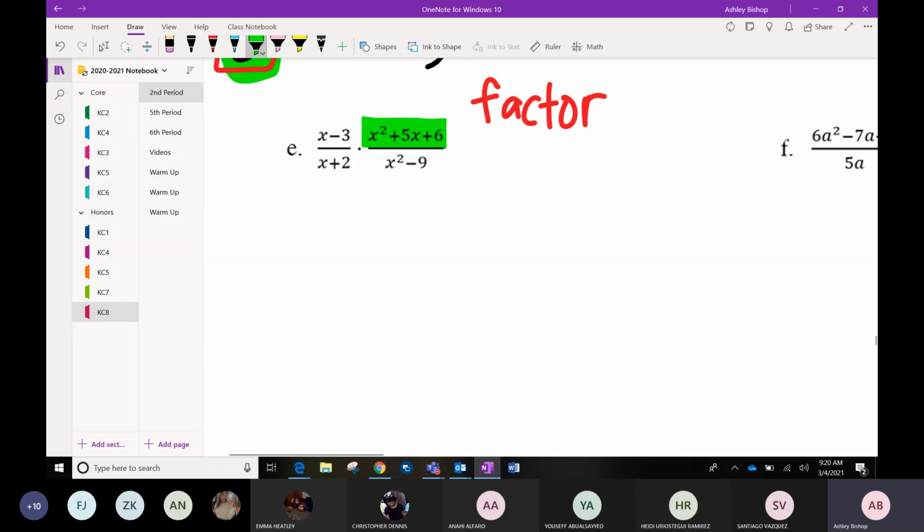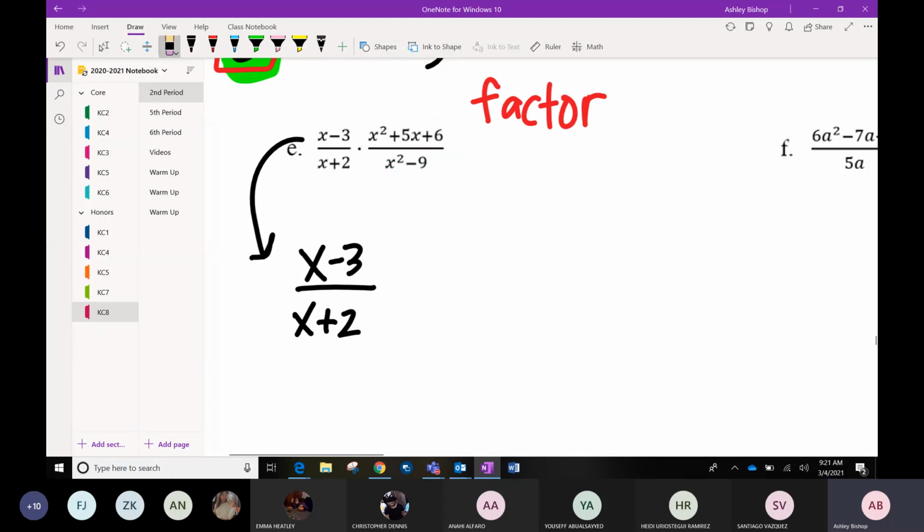I need to factor that. And then I also have x squared minus a number. I need to factor that. So I need to factor both of those. Alrighty, so this side needs some work. This side doesn't factor, so I'm just going to rewrite it. x minus 3 over x plus 2.